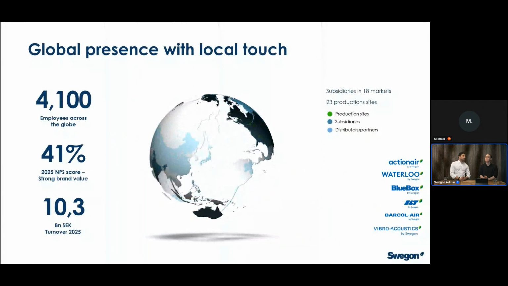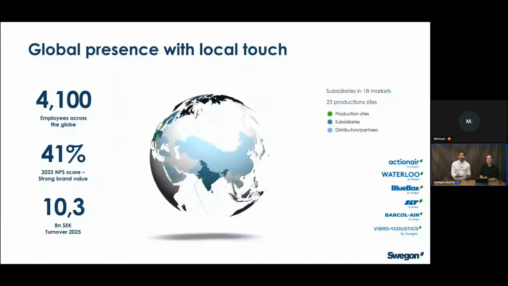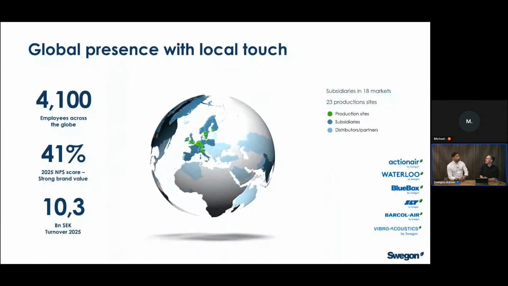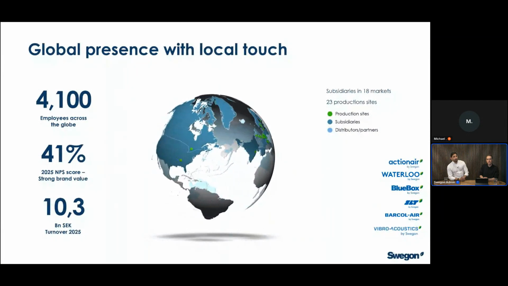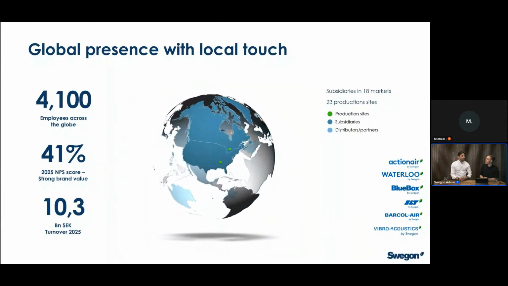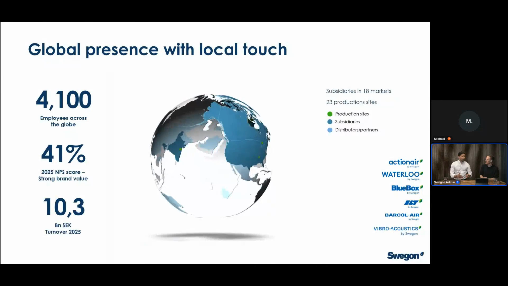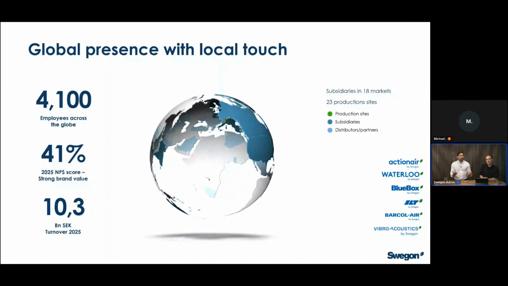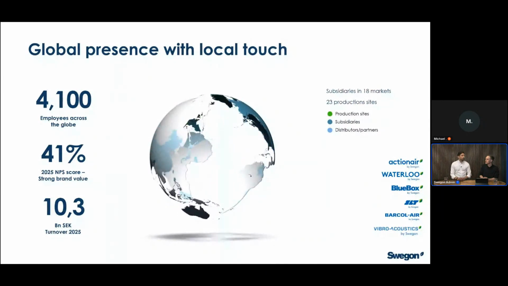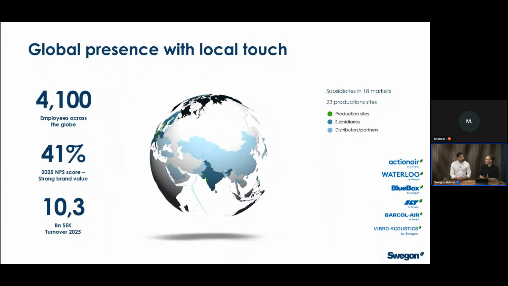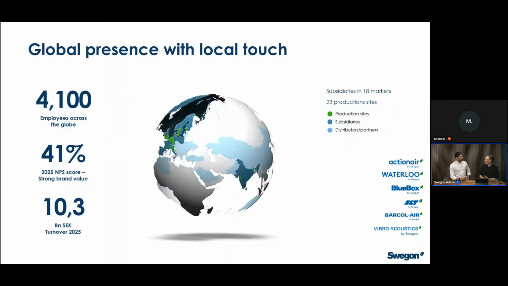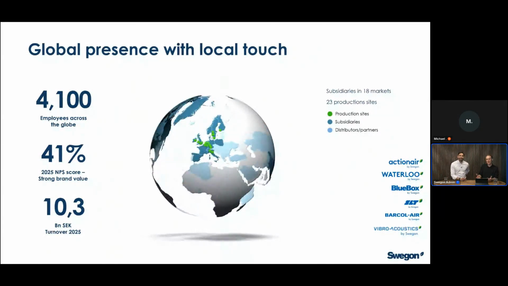We have 23 production sites throughout the world, over 4,000 employees and 10 billion SEK, which is around €1 billion. So a company of a good size. And out of the 4,100 people, we are two representing Swegon today.